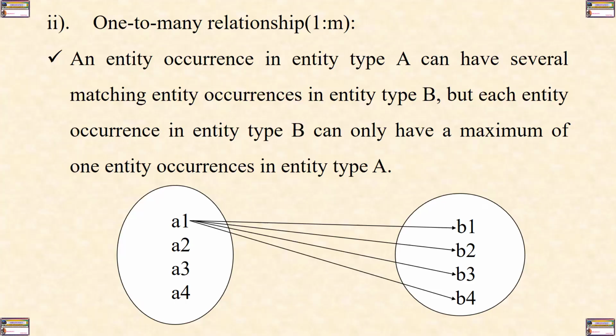Let's say the circle represents a table. Table A contains four fields. Table B contains four fields.